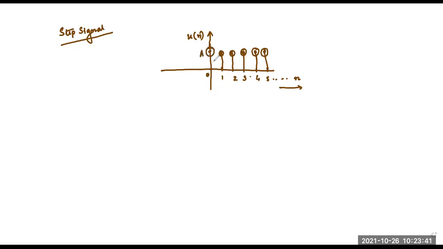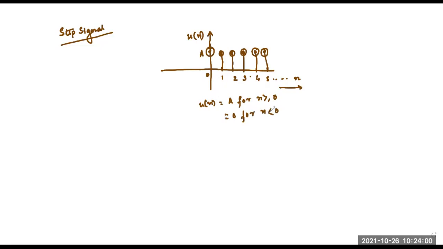Let us name the amplitude as A. So I write here u(n) equals A for n greater than or equal to 0, and equals 0 for n less than 0.